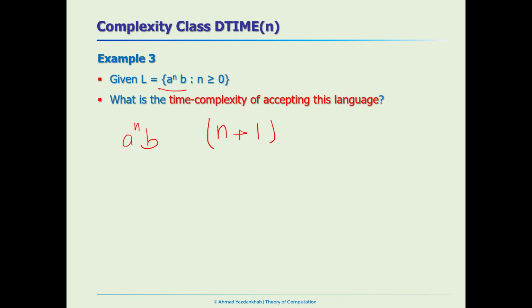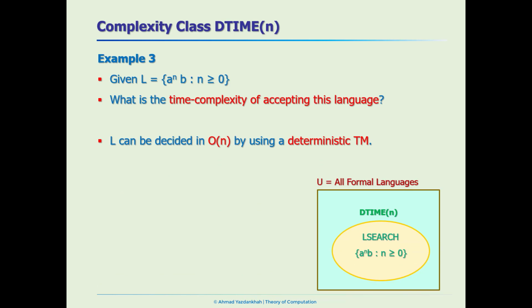Just imagine that it's a DFA, right? So we would need n plus one transitions. So the complexity will be big O of n plus one, but again the constant can be eliminated, so the complexity is big O of n. So this is another problem that we can put in our class, class D time n, right?